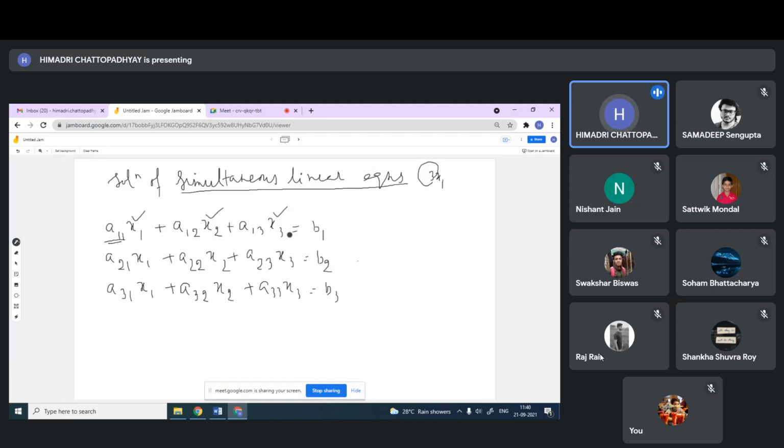But in engineering applications, particularly when you are doing numerical analysis, it will involve a large number of elements. Say you are analyzing a structure or, say, an aerofoil. There you have created a number of points where you want to analyze, for example, the flow or the stress or the voltage. So there will be so many elements, so many unknowns.